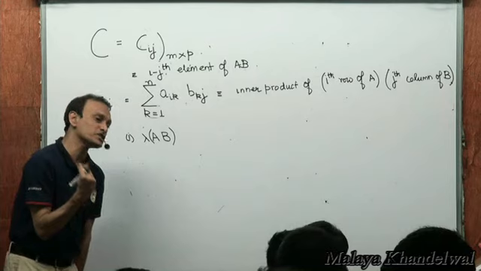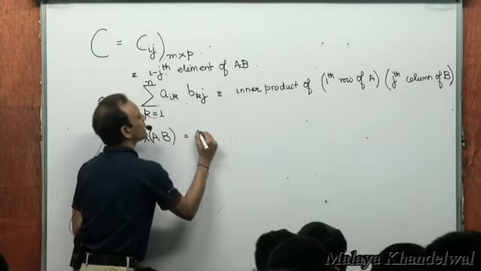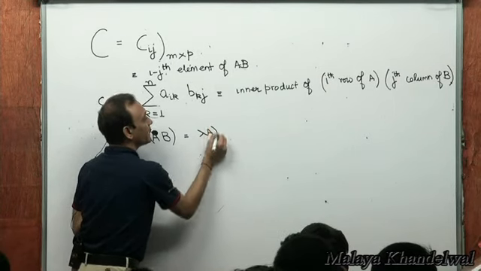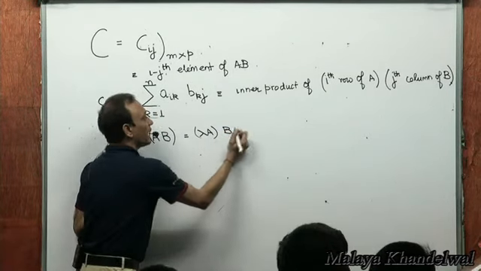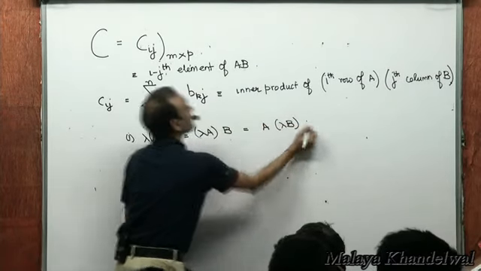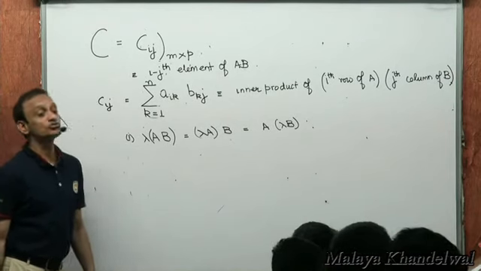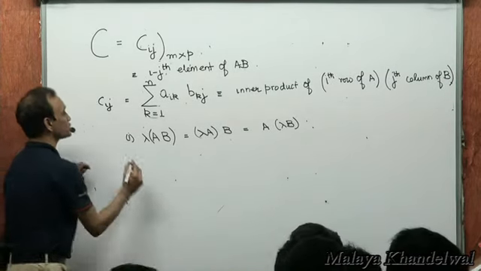I'm assuming this operation AB is possible and lambda is a scalar. Then I claim that this will be the same as lambda A into B. And also it's the same as A into lambda B. That's an easy to see property. You'll be able to establish it yourself.